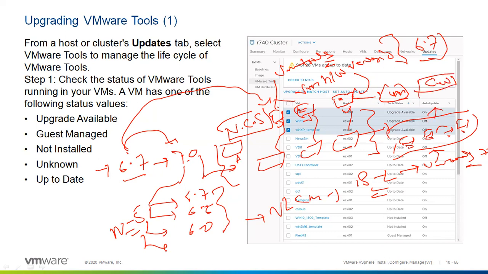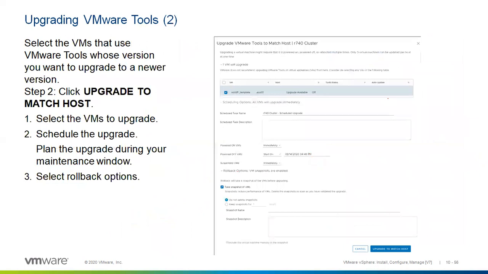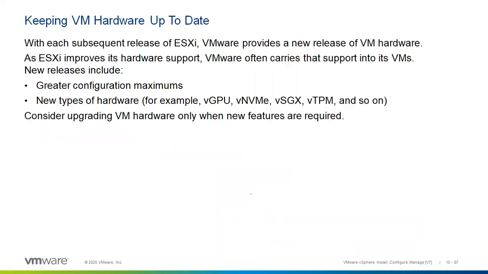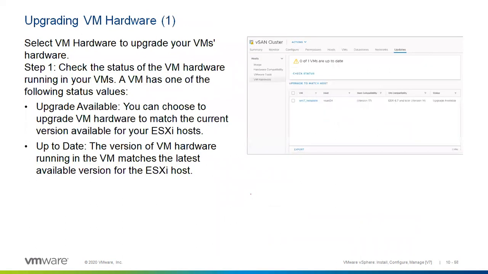When I say change window, you have to take the downtime. So for updating the tools and the hardware version, we create a baseline, and against the baseline we pre-check, check compliance, and pre-check remediation.